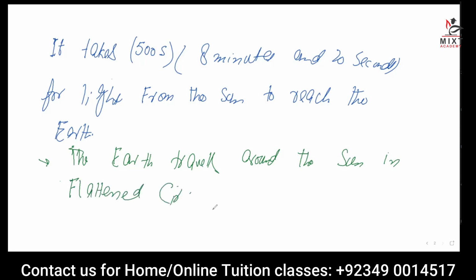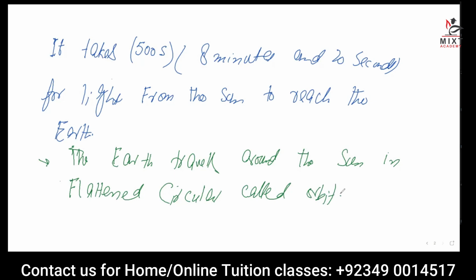We consider almost a circular path, right? And that path is called an orbit. And very important information, Earth takes 1 year, 365.25 days to revolve around its orbit.